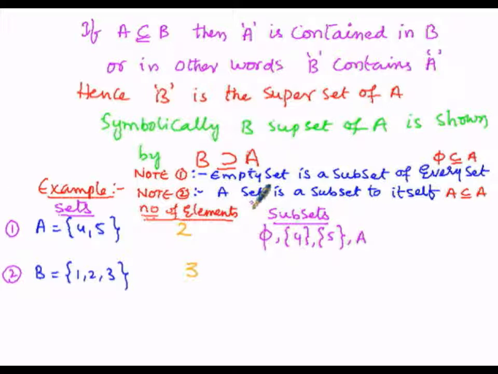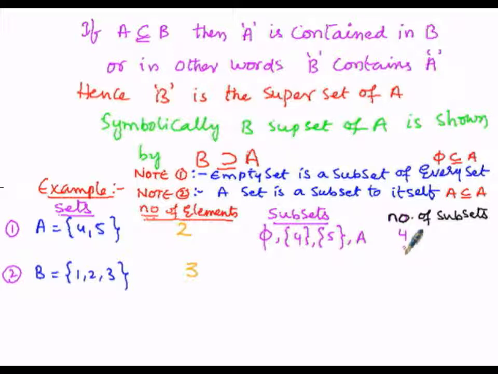Now regarding the second one, the number of subsets. The number of subsets is 1, 2, 3 and 4. There are 4 in number.